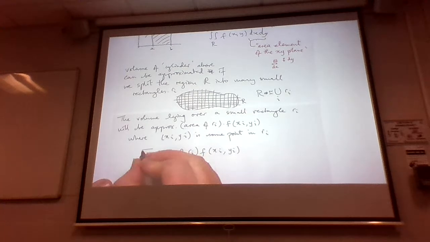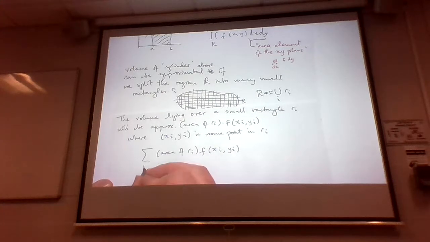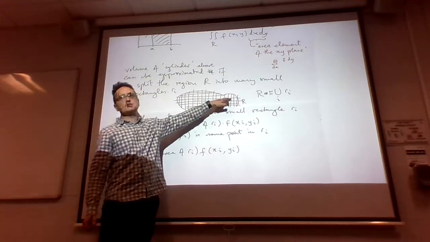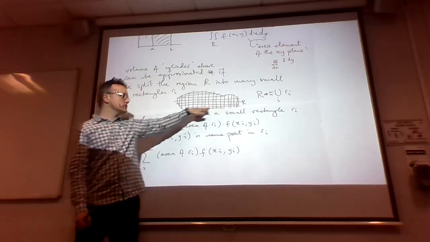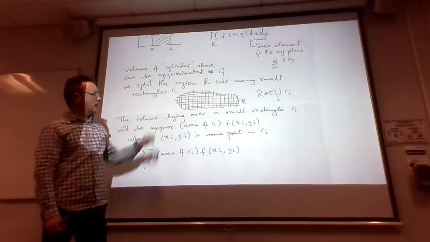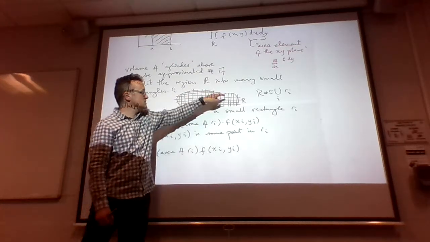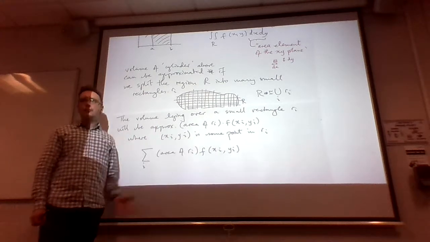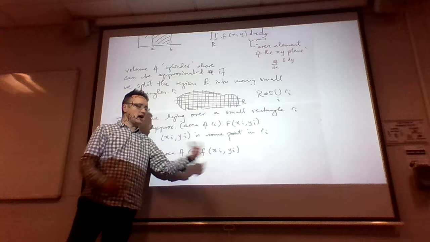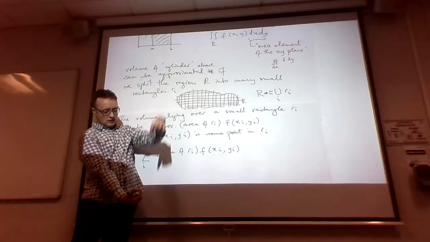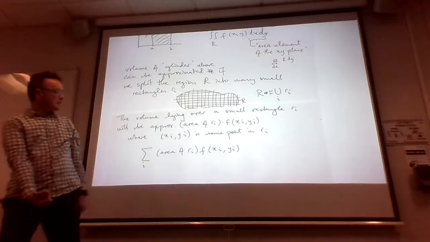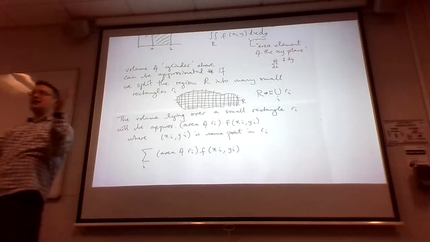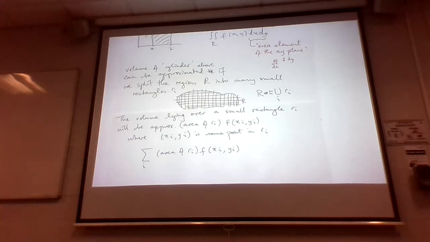So if I add all of these up over i, I'm a bit vague about the limits of i, but i is just indexing all these small rectangles. There's loads of possible values of i, and it's just locating each of these small rectangles. Well, if I add all these volumes up, each being the area of the base times the height of this little part of the volume lying over the small rectangle Ri, I'll get an approximation to the volume of the region I'm trying to describe.